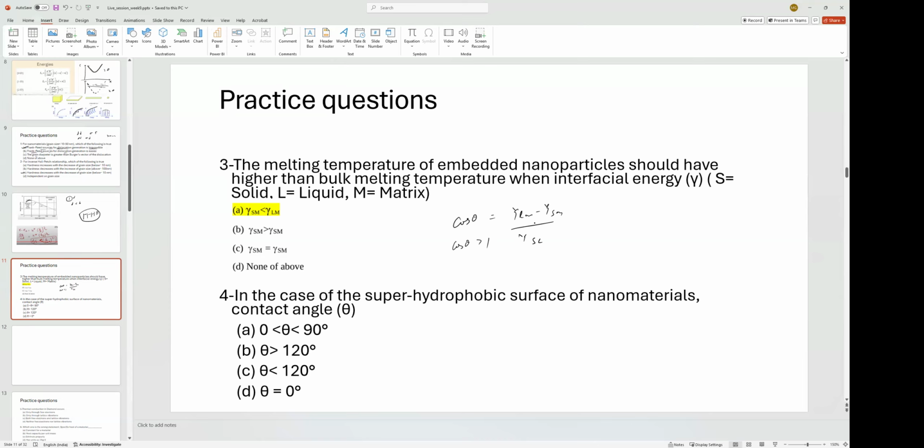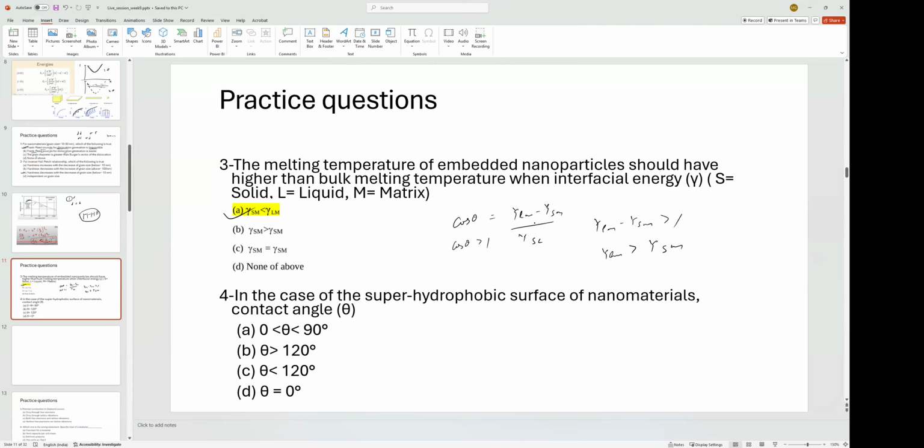If this value is greater than 1, then gamma_lm minus gamma_sm should be positive, so gamma_lm should be greater than gamma_sm.